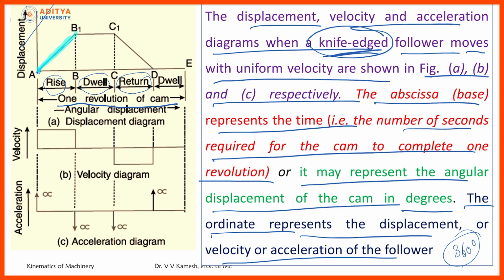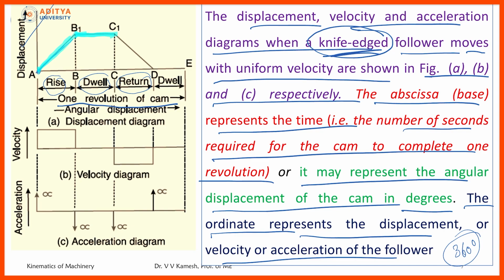Next part, dwell. That means the contour of the cam changes suddenly and enables dwell, which means there is no change in the displacement. That means there is a circular arc on the cam profile. When there is a circular arc on the cam profile, the roller or knife edge will not move at all, so the displacement is constant.